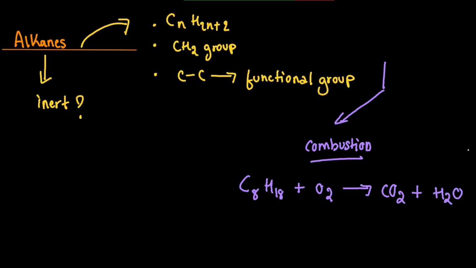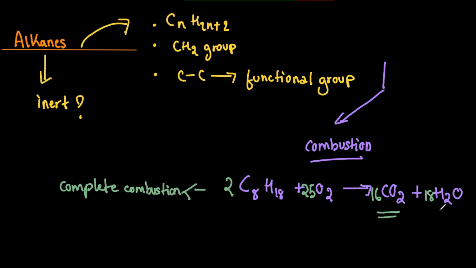If you balance it properly, you'll see that it uses 2 moles of octane and 25 moles of oxygen gas to provide 16 moles of CO2 and 18 moles of water. This is complete combustion, where you have added an abundant amount of oxygen gas in order for it to burn and form these two products, carbon dioxide gas and water.